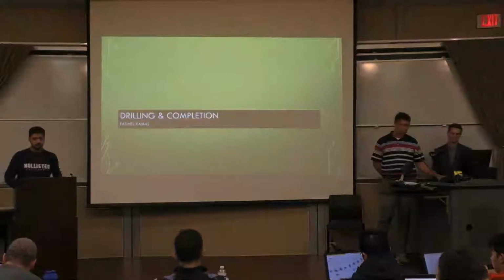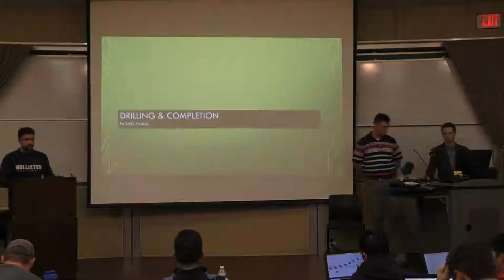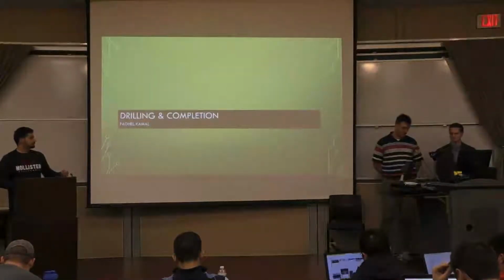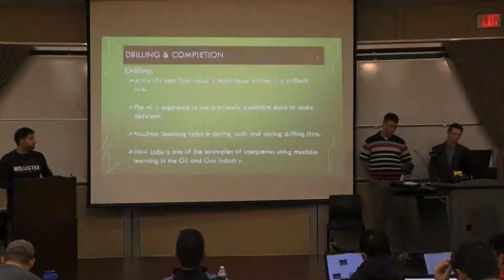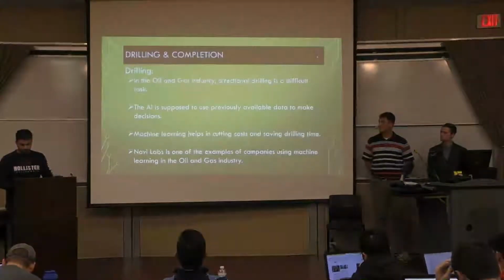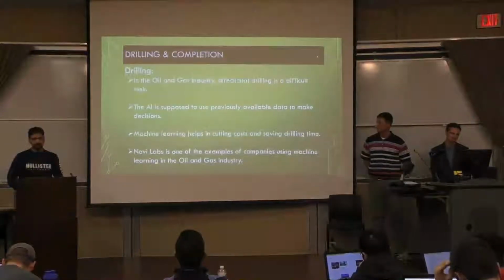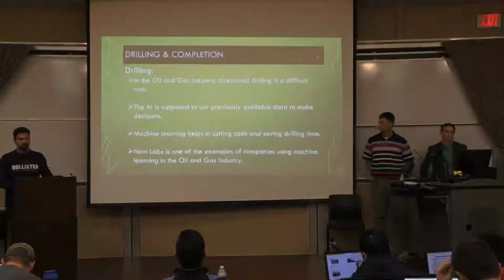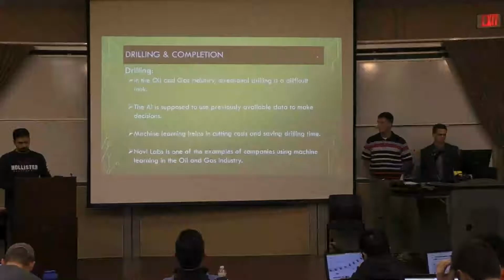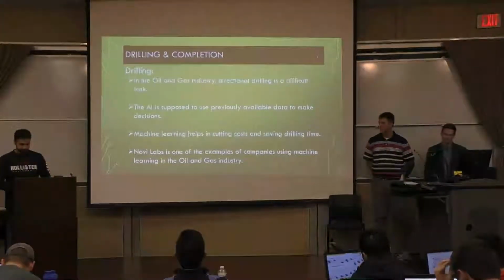I'm going to talk about drilling and completion. For the drilling, in the oil and gas industry, directional drilling is a difficult task, but efficiency can be attained using artificial intelligence.